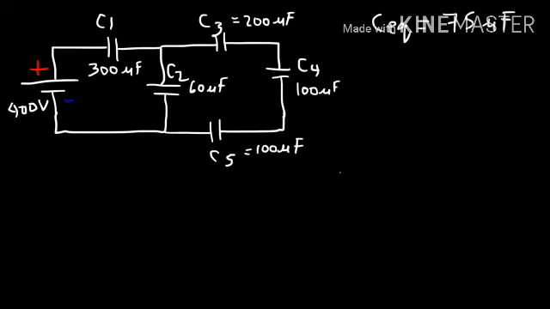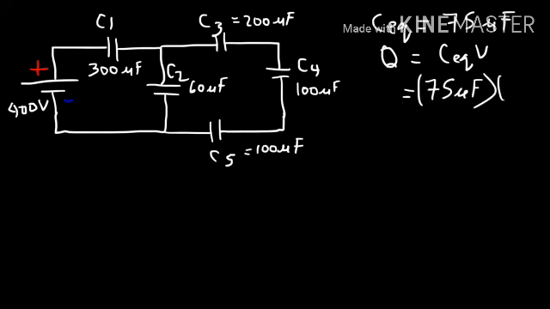So now let's calculate the charge. So Q is equal to CV. So that's going to be 75 microfarads multiplied by the voltage of the battery, which is 400 volts. So 75 times 400 is 30,000 microcoulombs.